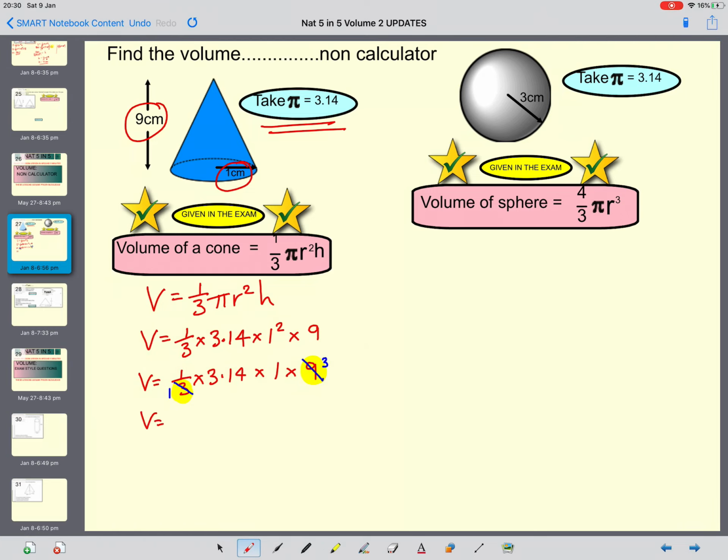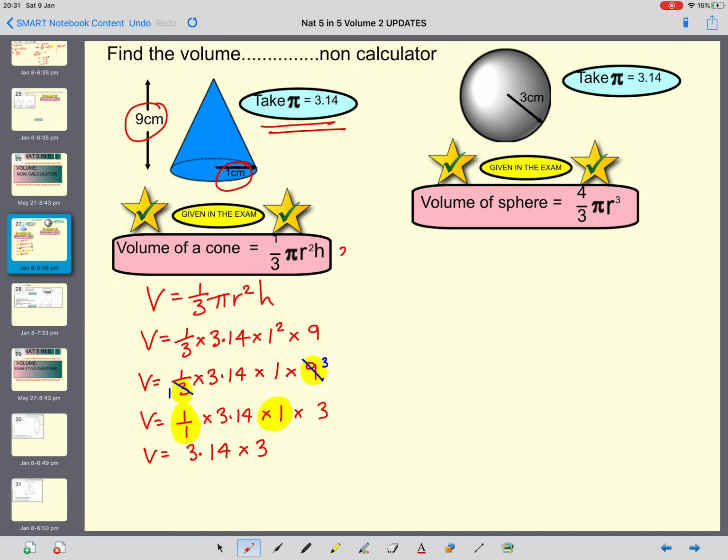So we've really got, I'll just do this step by step to show you, 1 over 1, which is just 1, times 3.14 times 1 times 3. Now when you're multiplying, if you times anything by 1 it stays the same, and 1 divided by 1 is just 1. So if you again multiply it by 1 it just stays the same. So really I've got here 3.14 multiplied by 3.